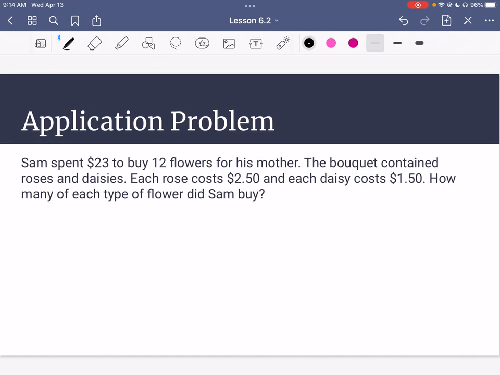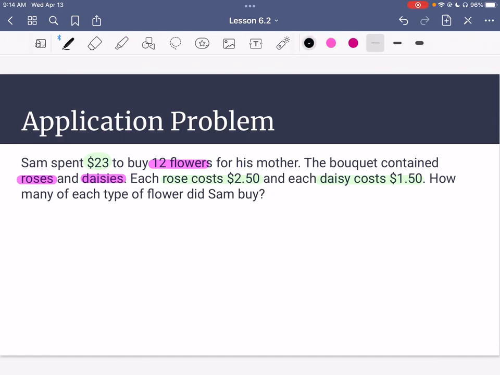So as we look through this, we're given a couple different pieces of information. We're given information about the amount of money that Sam spent, so $23 total, each rose costing him $2.50 and each daisy costing him $1.50. And then we also are given the fact that he bought 12 flowers total, which comes from the combination of roses and daisies.